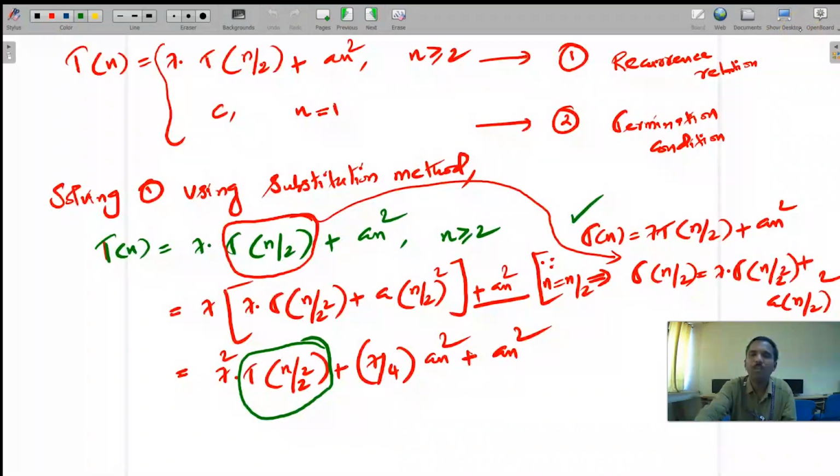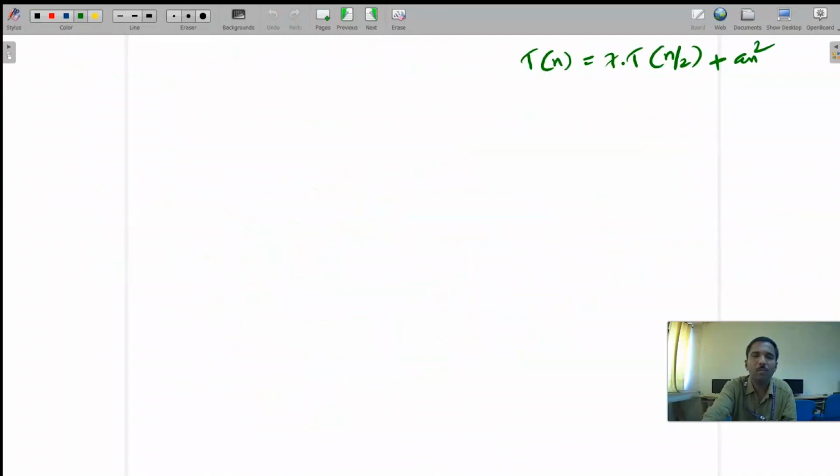Now substitute n is equal to n by 2 power 2.